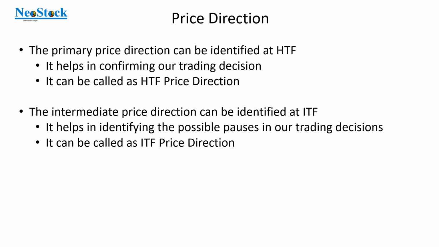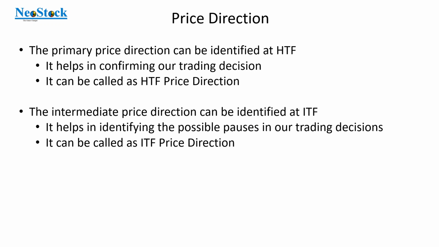Monthly prices are moving up. So you may feel, okay, it is a safe decision to take long opportunities or long decisions. But the moment you look into the ITF, it is showing the price direction against the monthly direction. Monthly is saying demand zone to supply zone, but weekly is saying supply zone to the demand zone.